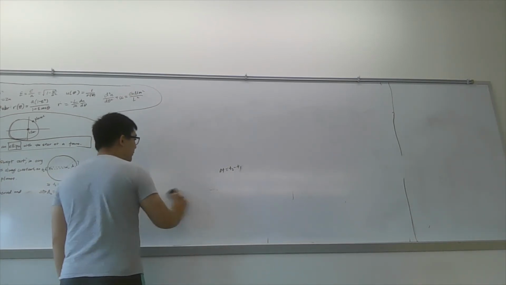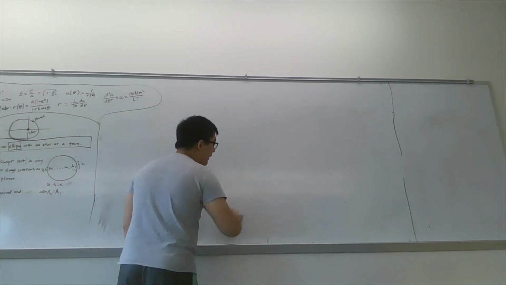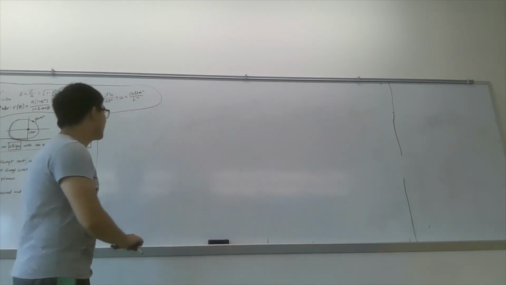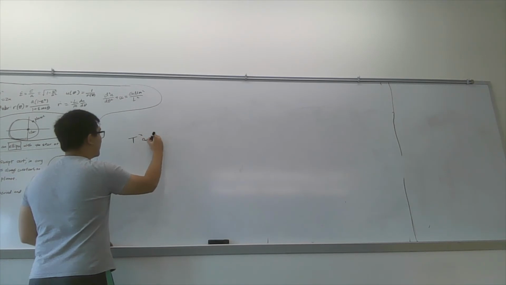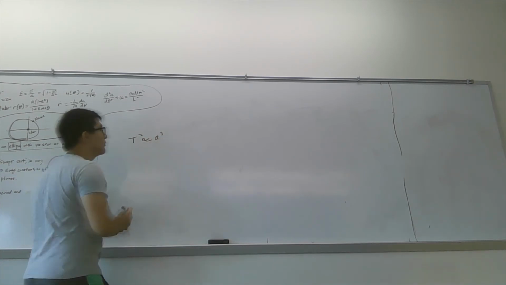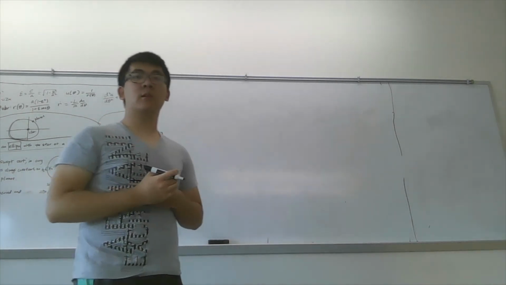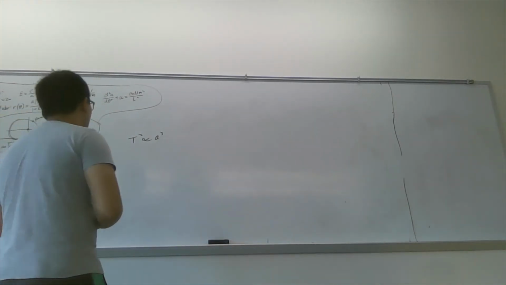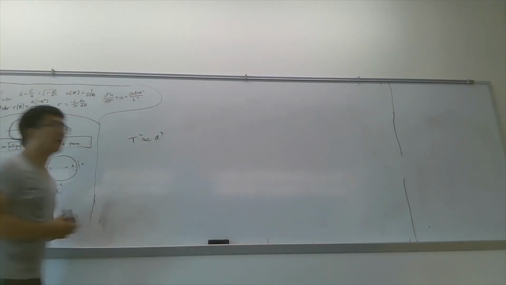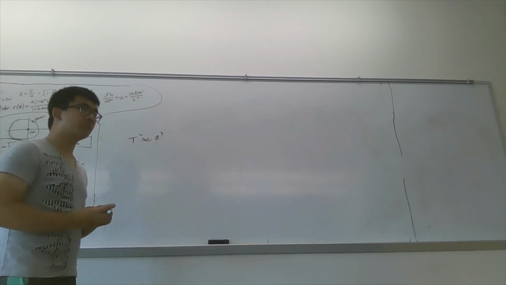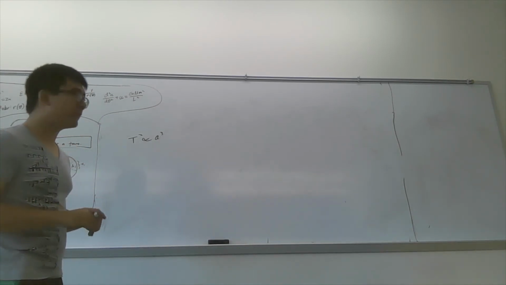Now, we're going to prove Kepler's third law. And Kepler's third law simply states that the square of the period of orbits is proportional to the cube of the semi-major axis of our orbits. And this really can be just thought of as a corollary to Kepler's second law.